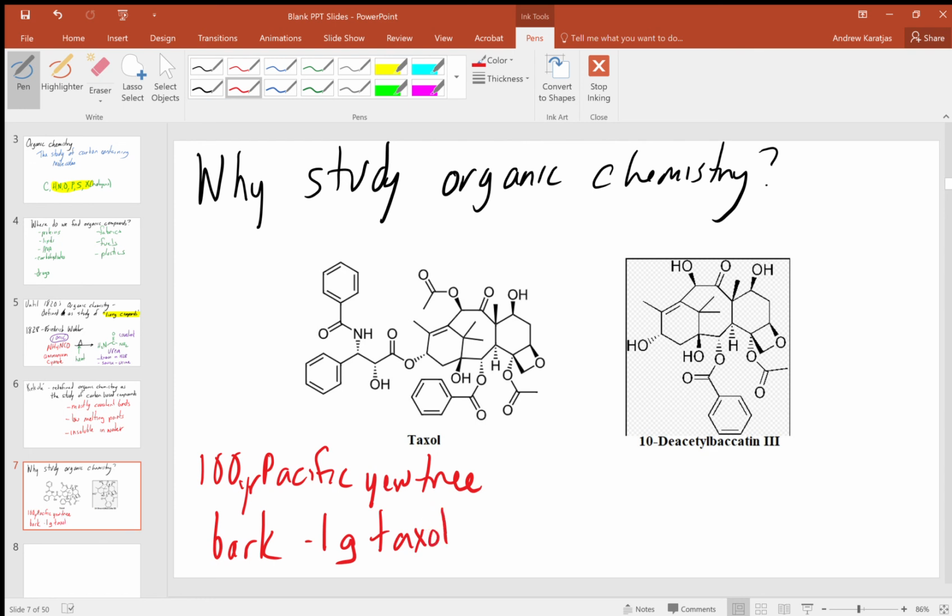Now, that's kind of a problem, isn't it? Not too long before you start running out of 100-year-old trees. Because if you start taking all the bark off the tree, what's going to happen to it? Of course, you're going to kill the tree at that point.